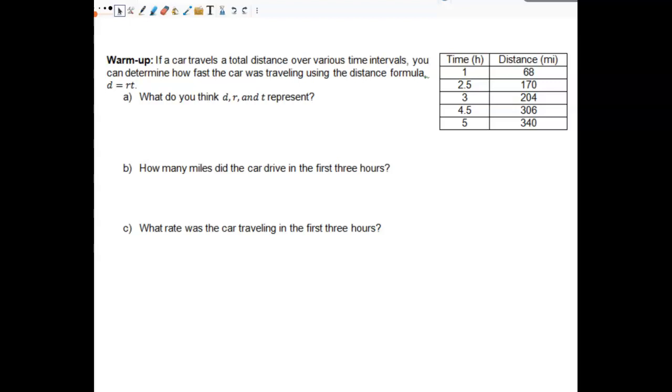So if a car travels a total distance over those various times, then we can use D, R, and T to work with that idea. D stands in this case for distance.